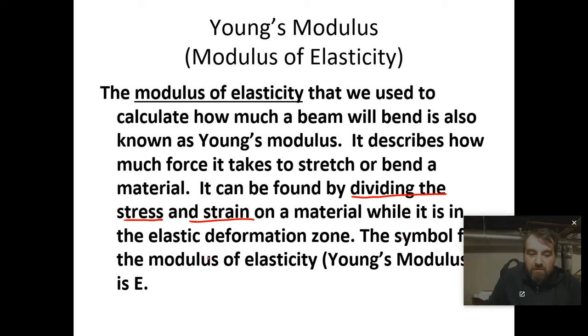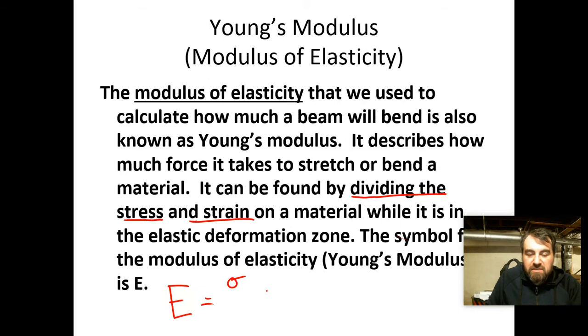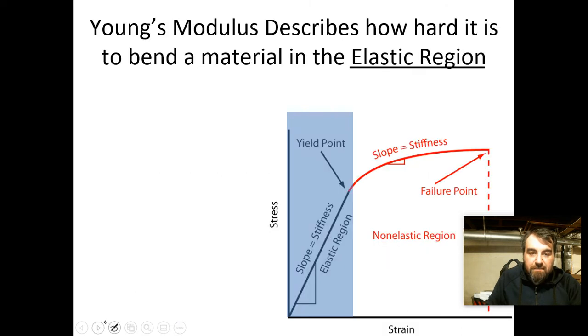So the symbol for the modulus of elasticity is E. Basically, E is equal to stress, which is sigma, divided by strain, which is epsilon. Okay, that's how we find our Young's modulus, or modulus of elasticity. What it describes is how hard it is for something to bend in the elastic region.